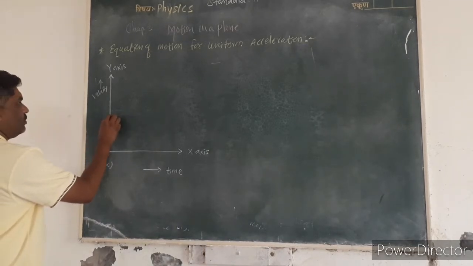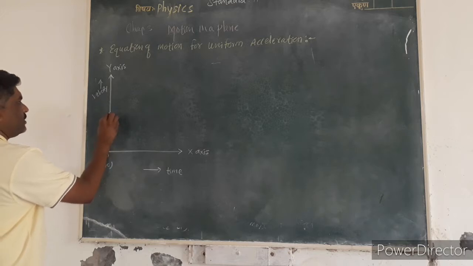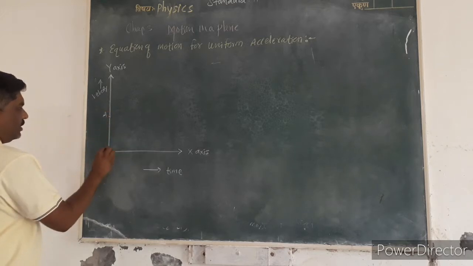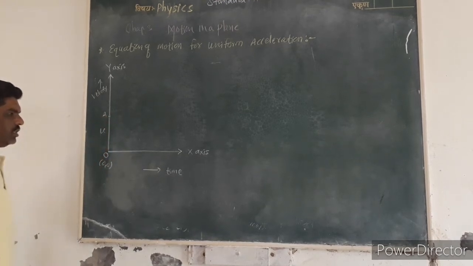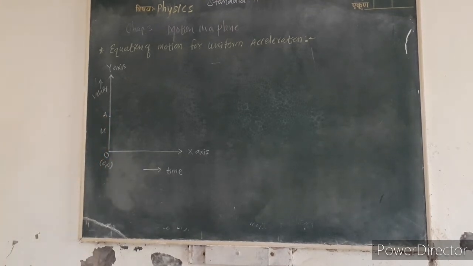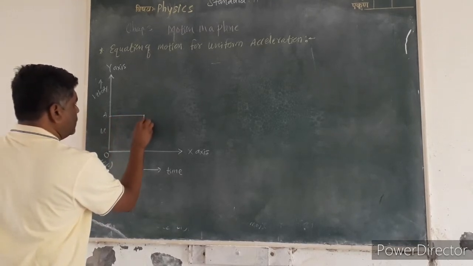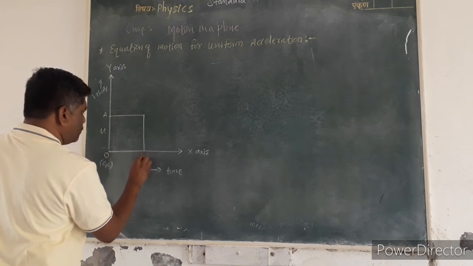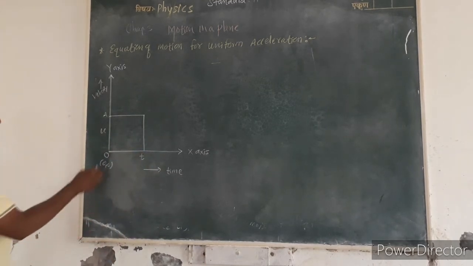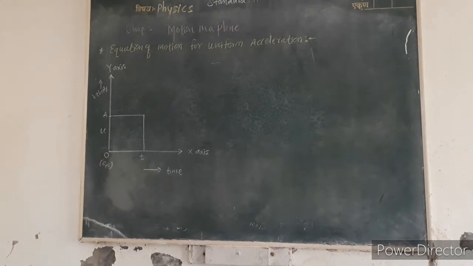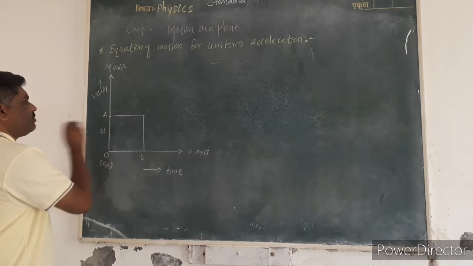Suppose this point is A. From O to A there is initial velocity, suppose u, at time t equal to 0, the body attains initial velocity u.